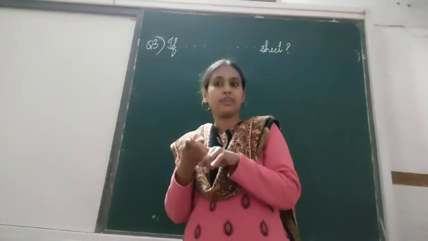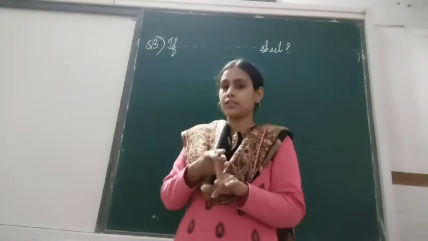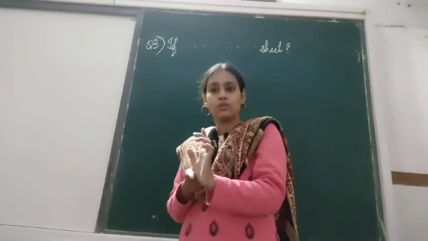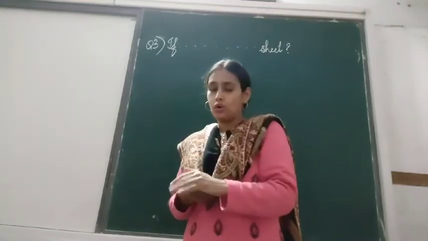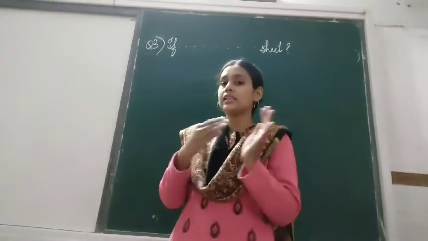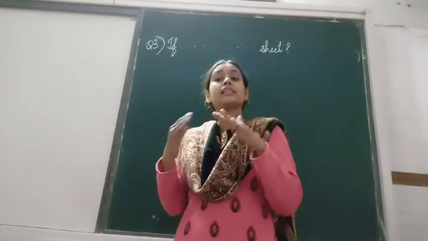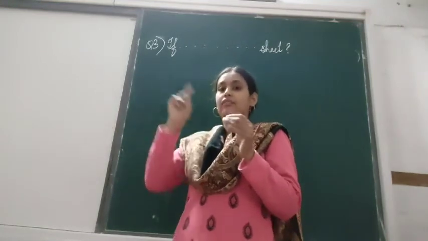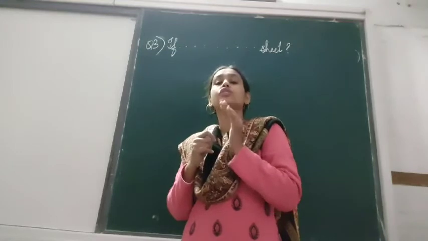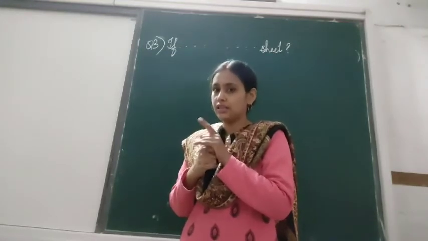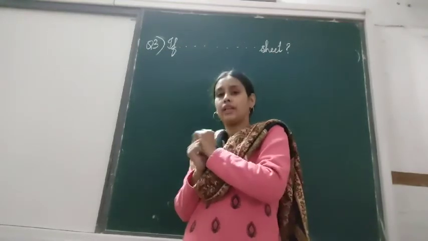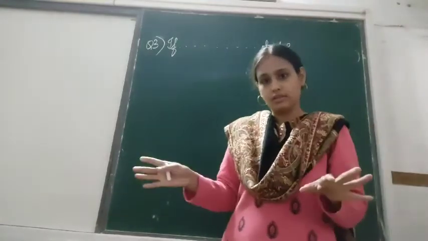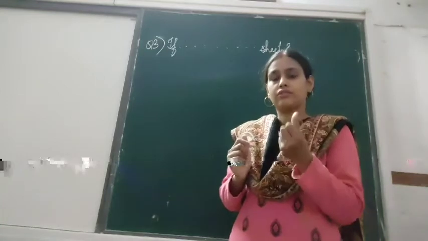We know the relationship between D and R: D is equal to 2R, because diameter is twice the radius. So we can also write C is equal to pi D, or C is equal to 2 pi R. So we discussed the circumference, and this was a small revision about it.